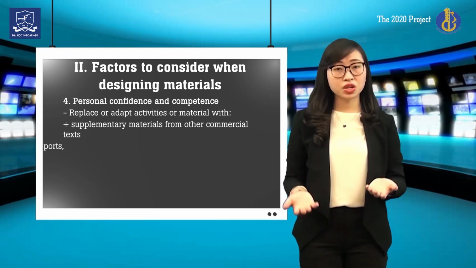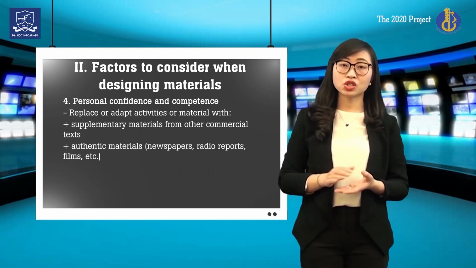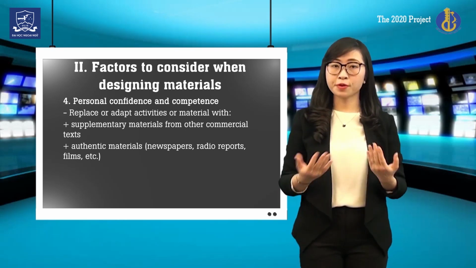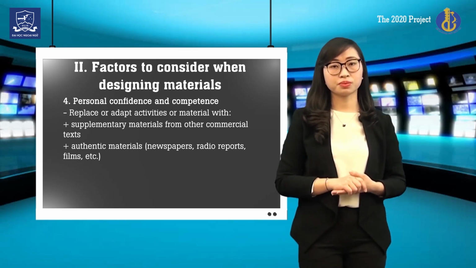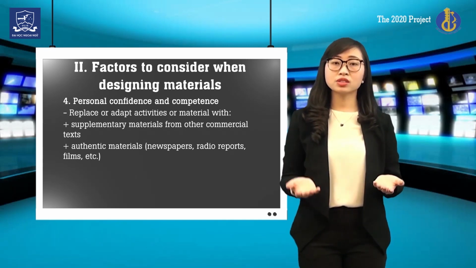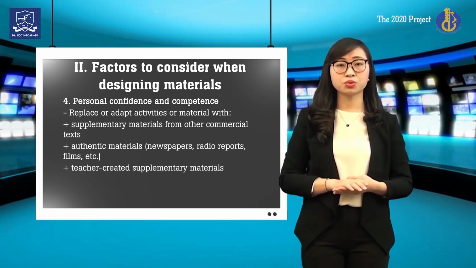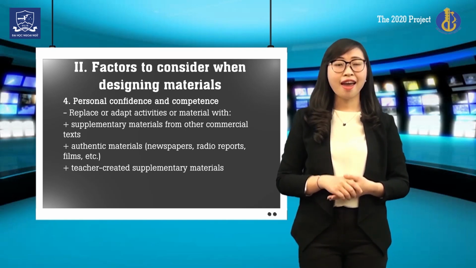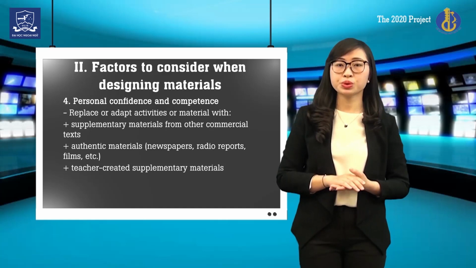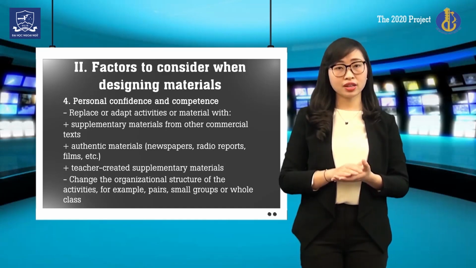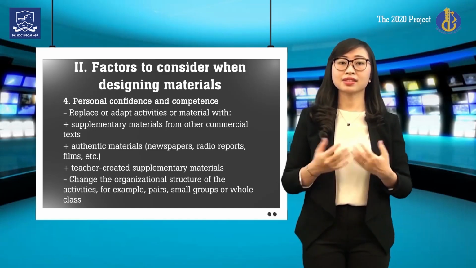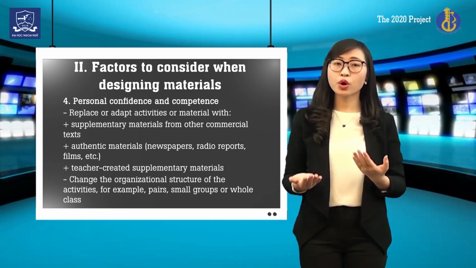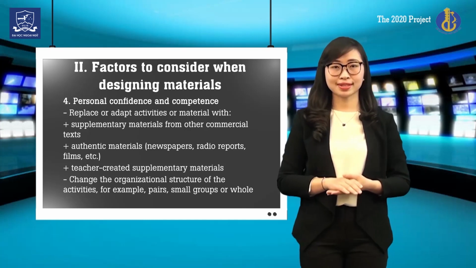The authentic materials as well, such as newspapers, radio reports, films, are essential. Or the teacher created supplementary materials. They also can choose to change the organizational structure of the activities. For example, pairs, small groups, or the whole class.